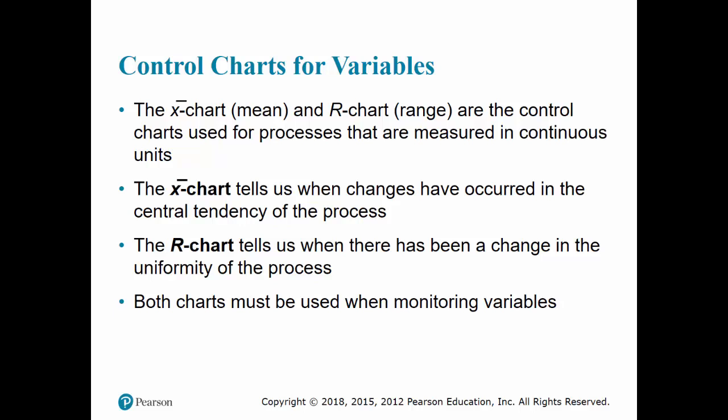So two stages. First stage, you develop the lower and upper control limits. Then once you have developed that, you apply it in production on a regular basis and use it to monitor the production process. Developing the control chart and then using the control chart to monitor the process.